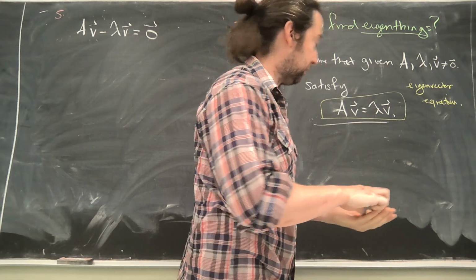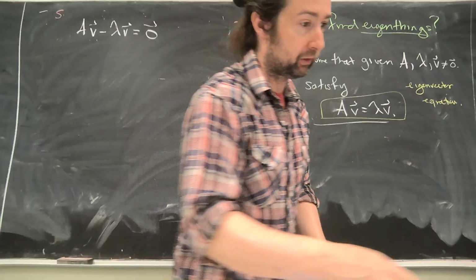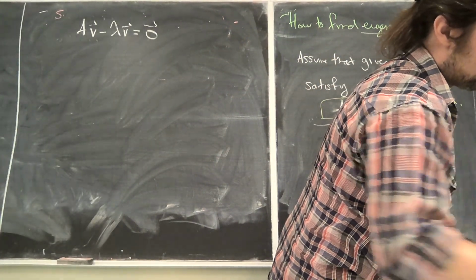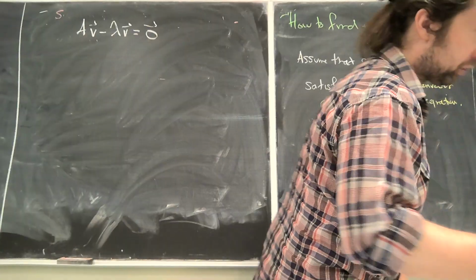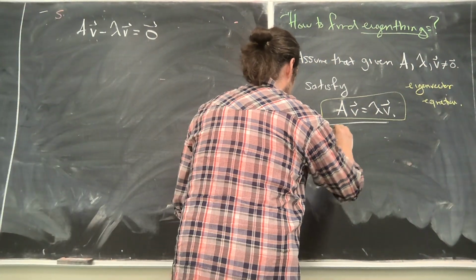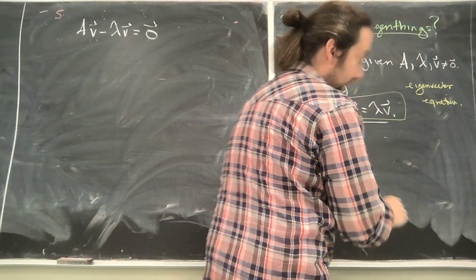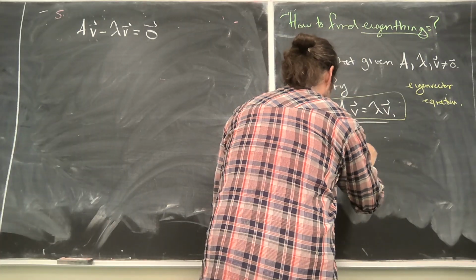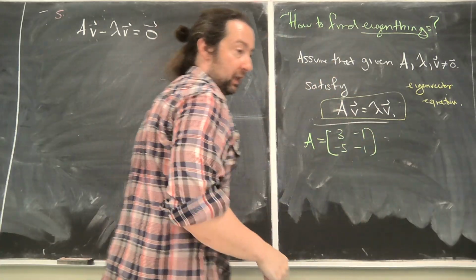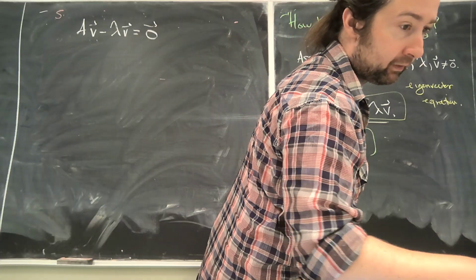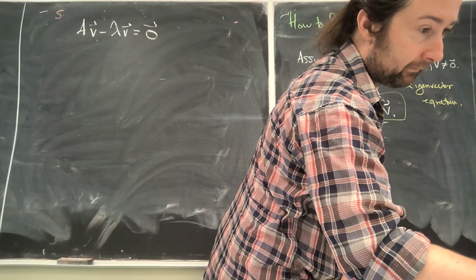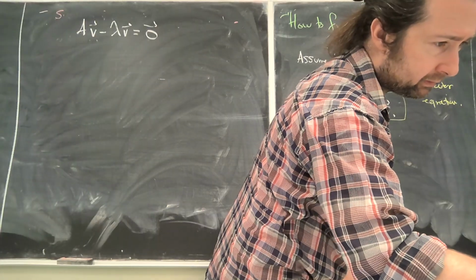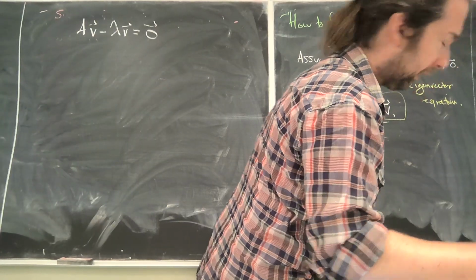Right? So to make this more concrete, this is an example that we'll look at later. One thing that we'll show is that if A was equal to [[3, -1], [-5, -1]], and you multiply it by the vector [1, 5, 1]... Hold on a second here. Yeah.